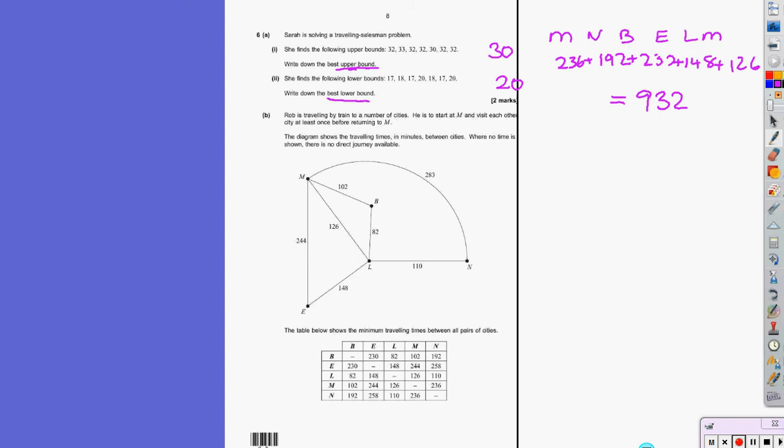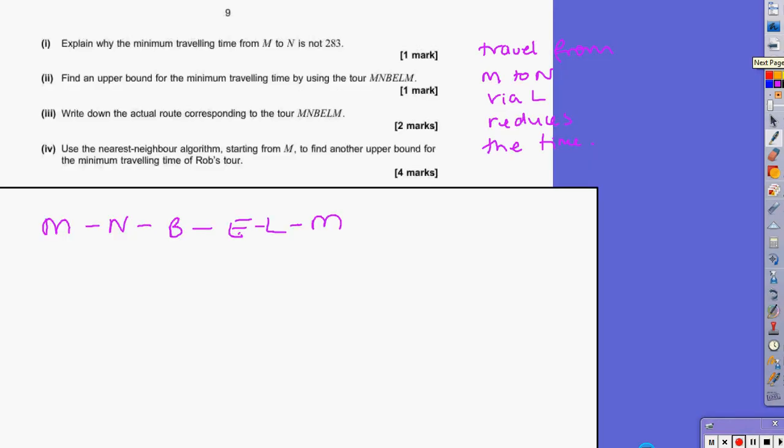And then the next part of the question says write down the actual route corresponding to that.